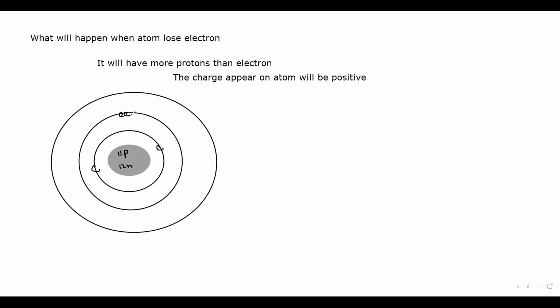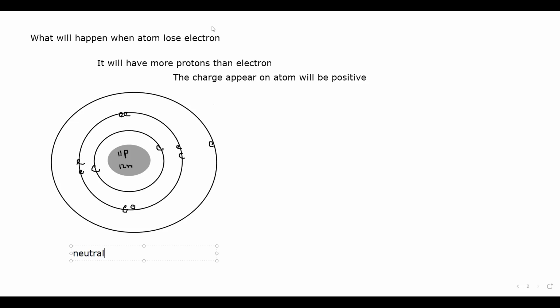The first shell will have 2, the second shell will have 8, and the third shell has 1 electron. Now, as the number of electrons and protons are the same, this is neutral.